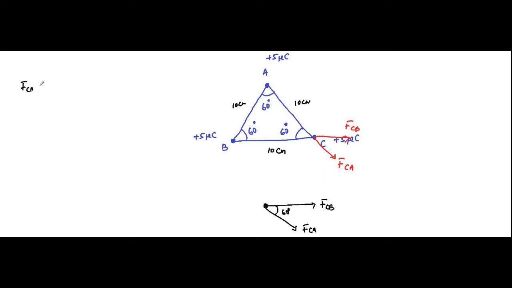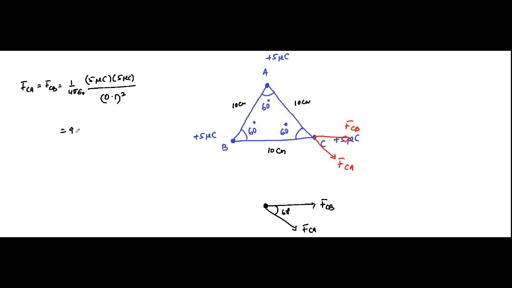So FCA equals FCB is equal to 1 by 4 pi epsilon 0 into 5 microcoulomb into 5 microcoulomb by 0.1 square, 10 centimeter it is, so 0.1 meter.